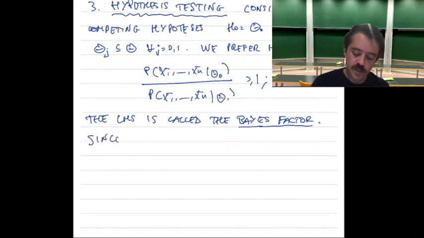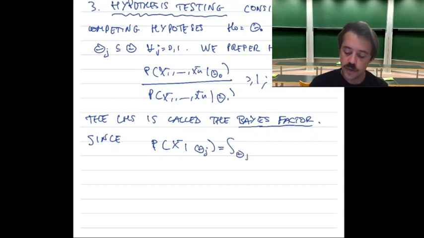So we have that the probability of a capital X given, in this case, a capital theta J equals the integral over this capital theta J of the probability of X given theta and then the prior.